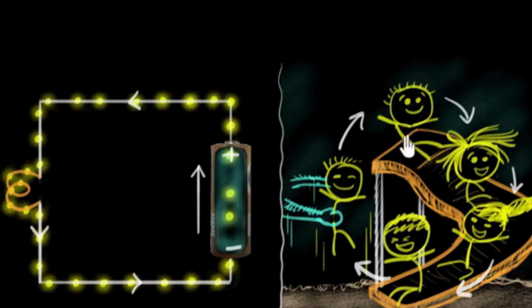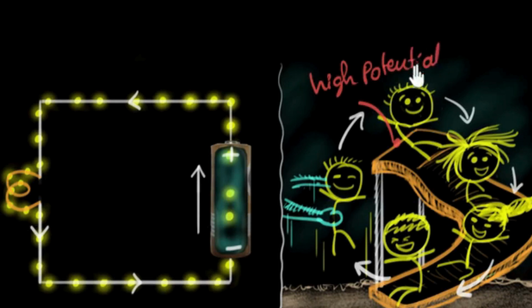And this stored up energy is what we call potential energy. And so every kid at this point, topmost point of the slide, has very high potential energy. And so we could say this point is high potential point, high potential. And as they move down, they lose potential energy and convert into heat. And by the time they come over here, they would have lost all that potential energy.